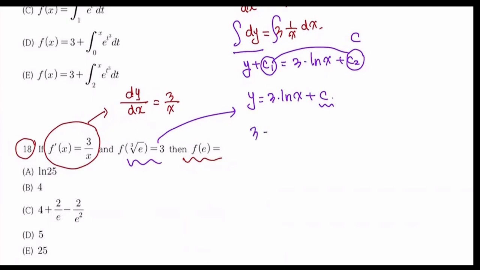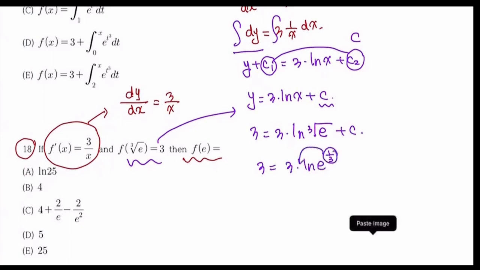This is 3 equals 3 times ln of cube root of e plus c. Take the exponent down: 3 equals 3 times 1 over 3 plus c. So this is 1, and c equals 2.